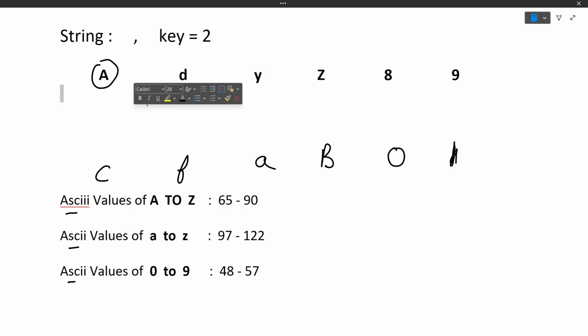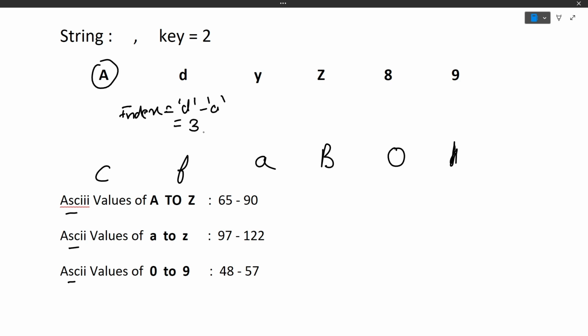So let's find the index of D now. First we will check in which group this D lies: uppercase, lowercase, or digit. We know that it lies in the lowercase range. So to find the index, we do D minus a, and the index will be 3.